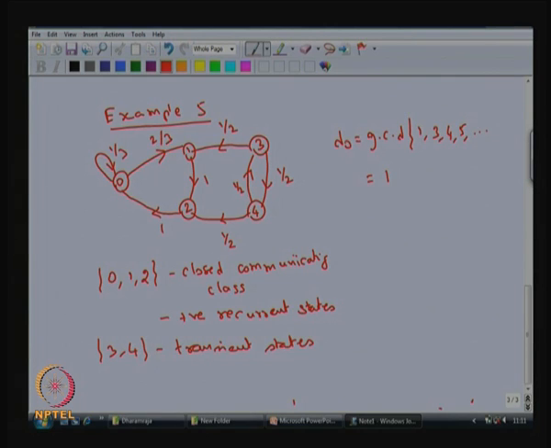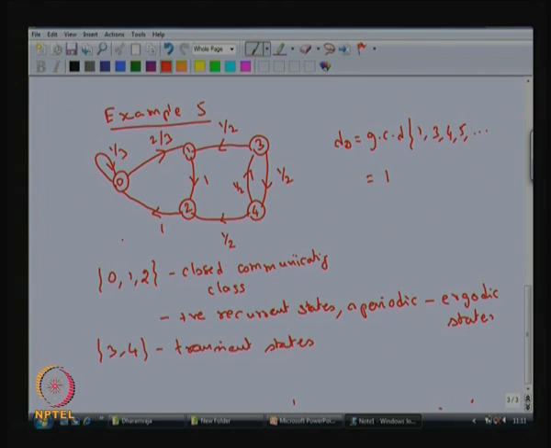So, since the period for state 0 is 1, this is an aperiodic state, and all the states are going to be aperiodic states. Since these states are positive recurrent and aperiodic, they are also called ergodic states.